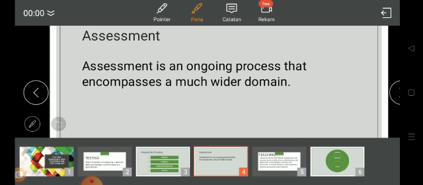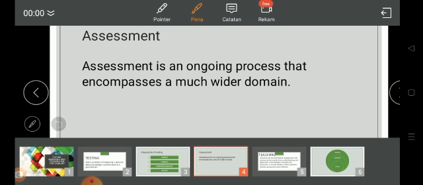Assessment can happen in the middle of a teaching and learning process. For example, when a teacher is doing a presentation, and in the middle of the presentation she or he asks the students to respond with some information about the material being presented, it is categorized as an assessing activity.